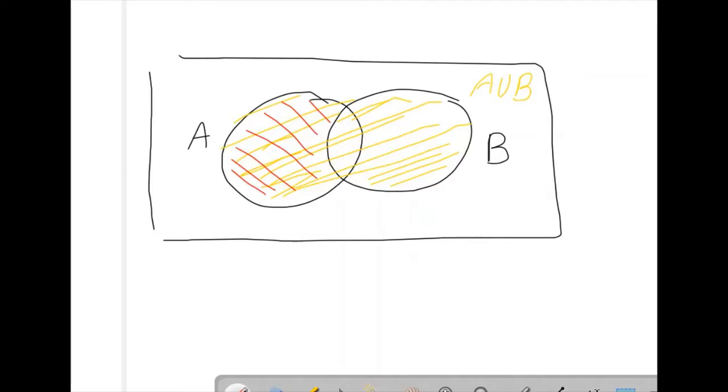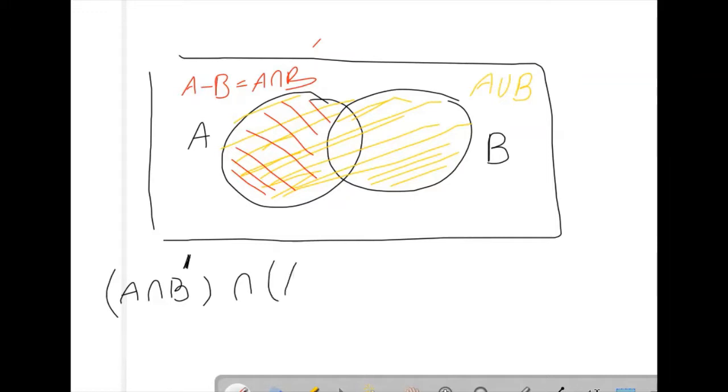It's just A minus B, or A intersection B prime. Now, according to this Venn diagram, A intersection B prime intersection A union B is A intersection B prime. You can see that the intersection of yellow part and red part is red part.